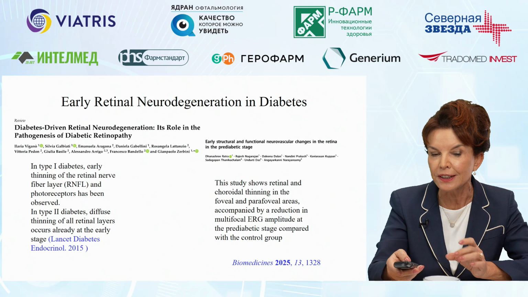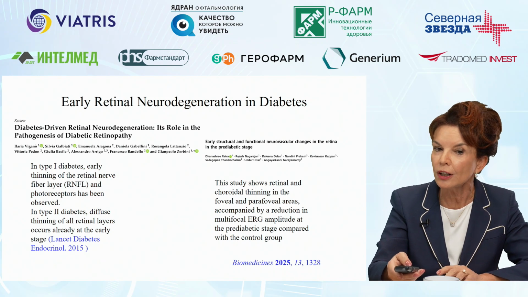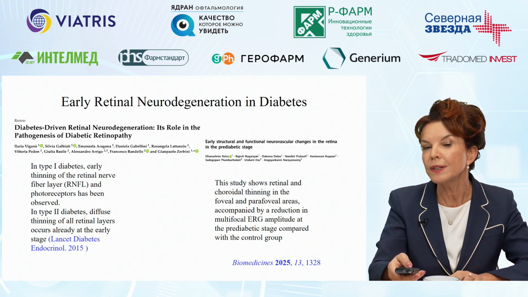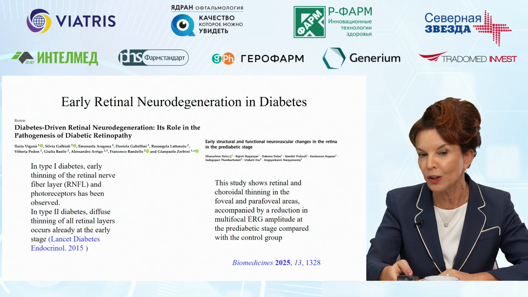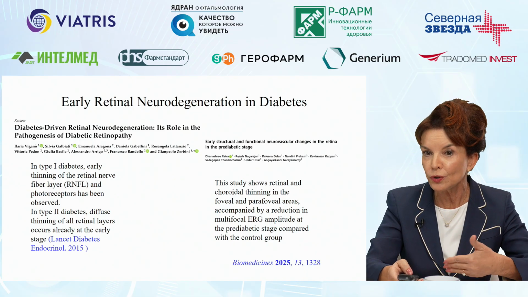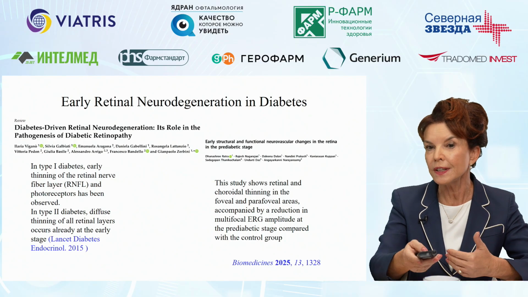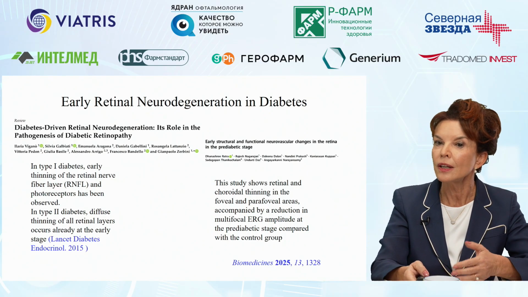But speaking about diabetes mellitus and glaucoma as two comorbid conditions, the situation is much more complex. In diabetes mellitus, there is early thinning of the retinal nerve fiber layer, the same as we see in glaucoma.